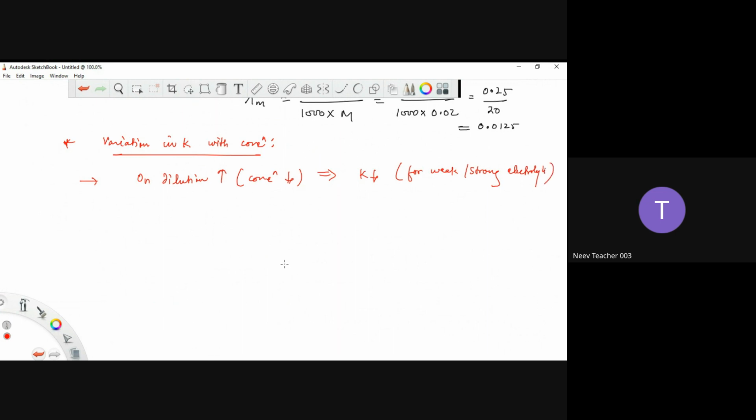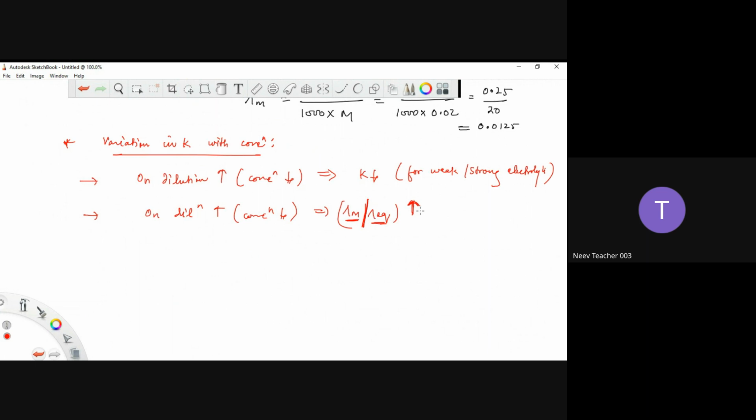But if you talk about lambda m or lambda equivalent, then what will happen? On increasing dilution, concentration decreases, and lambda m or lambda equivalent both are going to increase.